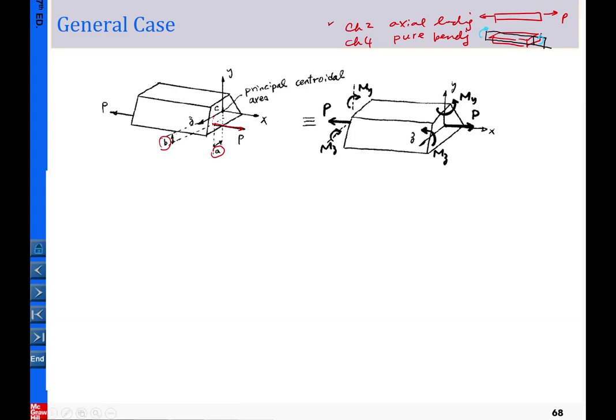In addition, because you have moved the P to the centroid, that movement will induce additional moments.